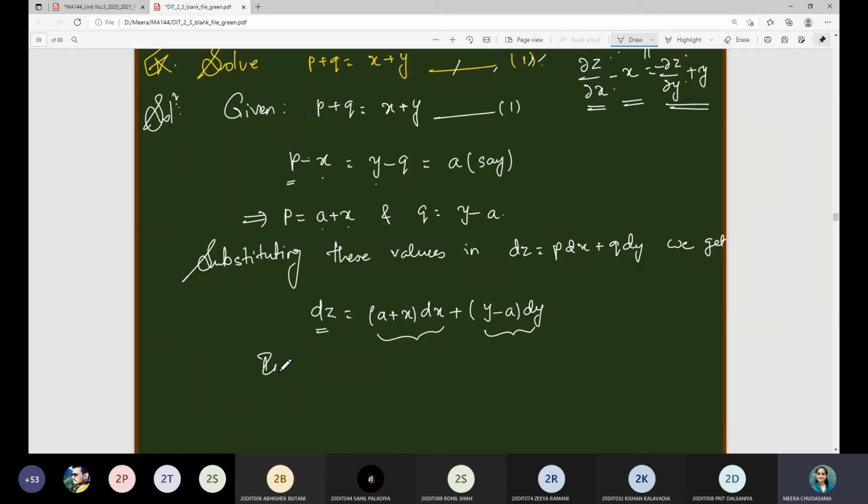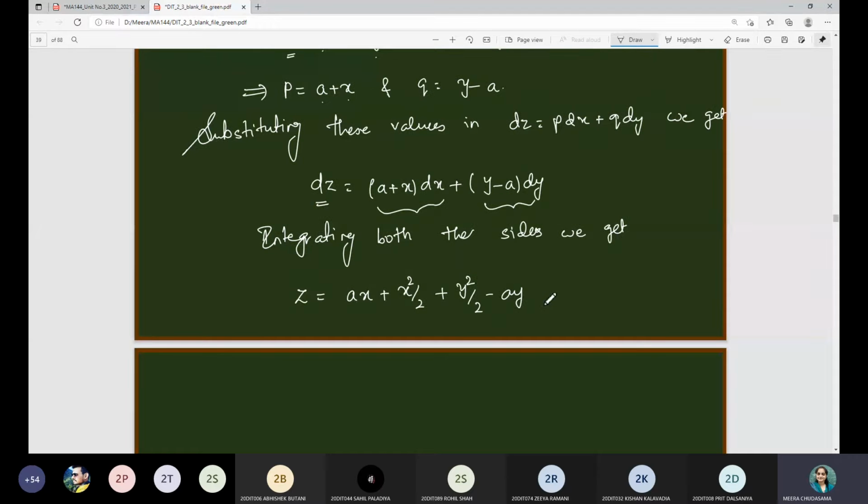So now if we integrate it, integrating both the sides, we get, so left hand side will be z, integration of dz, then right hand side it will be ax plus x square by 2 plus y square by 2 minus ay.